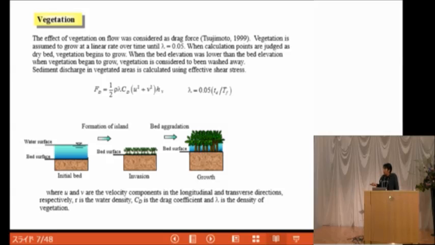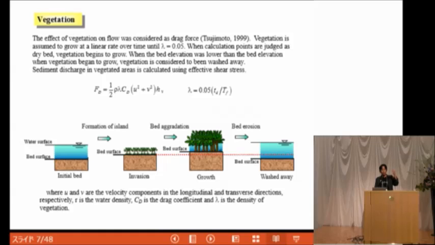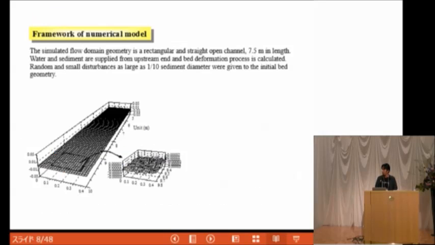Then that vegetated area will be flattened during the flood. But when the bed is not eroded, the vegetation continues to stay and grow there in the model. However, when the bed is eroded and the bed surface elevation becomes lower than the bed elevation when the vegetation started to grow, we judge the vegetation is washed away. This simple model is introduced in the numerical analysis model.